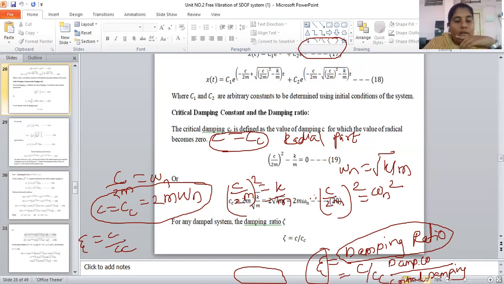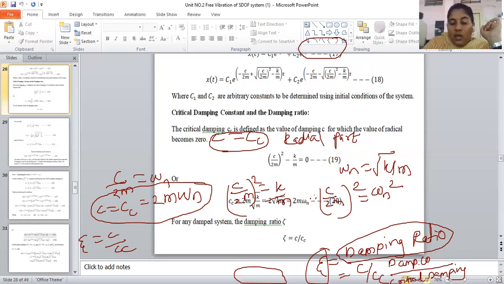The critical damping Cc is defined as the value of damping C for which the value of the radical part becomes zero. So C is equal to Cc for the radical part: (C upon twice m) bracket square minus K by m is equal to 0. So omega n is equal to root of K by m, so omega n square is equal to K by m. So Cc is equal to twice m omega n.